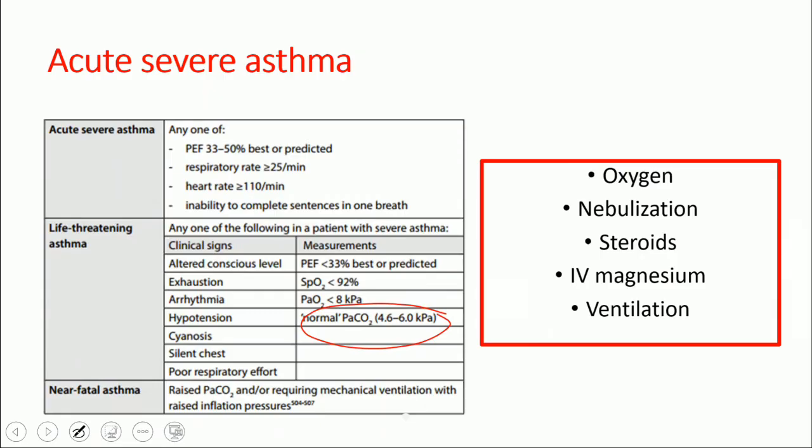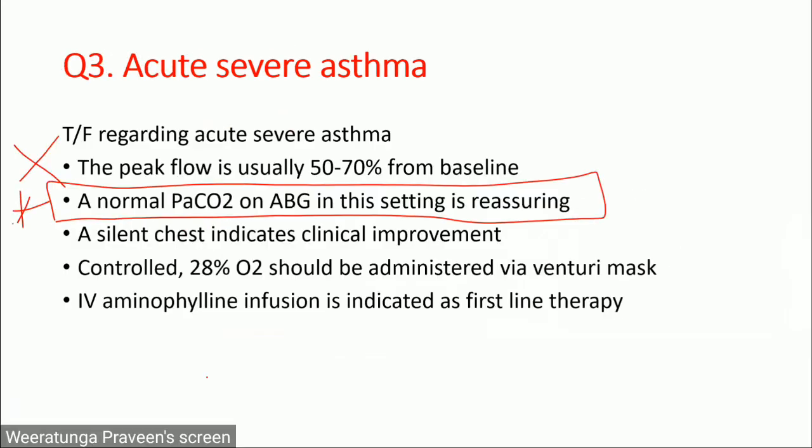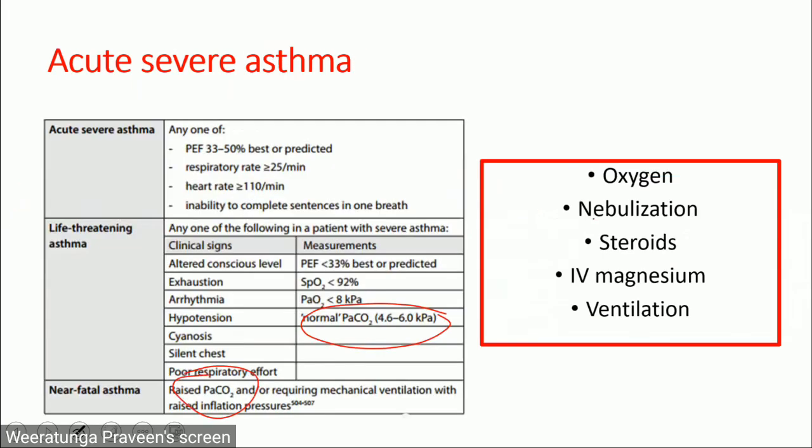Of course, if the CO2 is high, that is near fatal asthma. Raised PCO2 is near fatal asthma. Then there are other features of life-threatening asthma, as you know, like silent chest, and of course, they can get altered consciousness, cardiovascular collapse as well, like hypotension or arrhythmias.